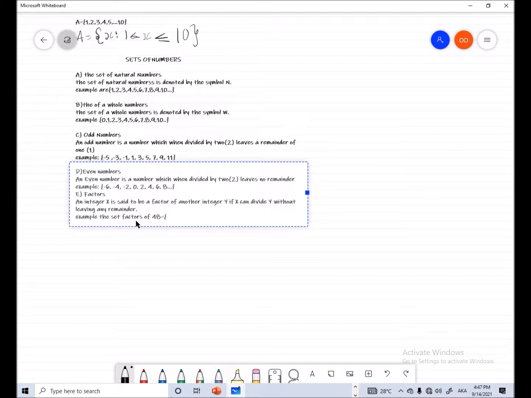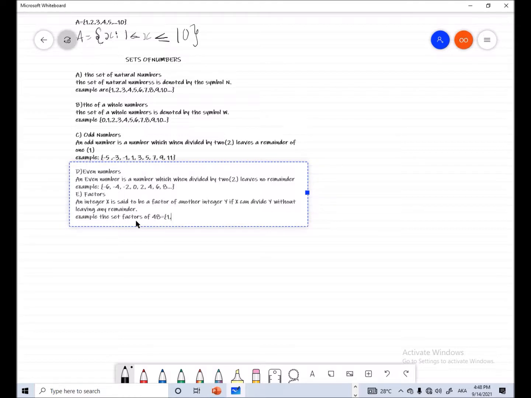Can you list them? From 1, when 48 is divided by 1, we get 48, so there won't be a remainder. But when we take 3 dividing 48, there will be a remainder. So 3 can never be a factor of 48. What about 2?